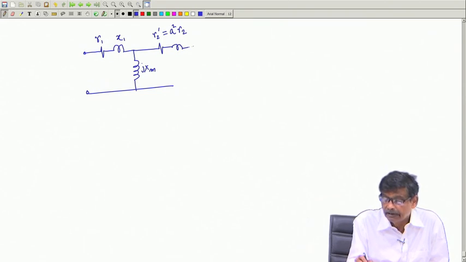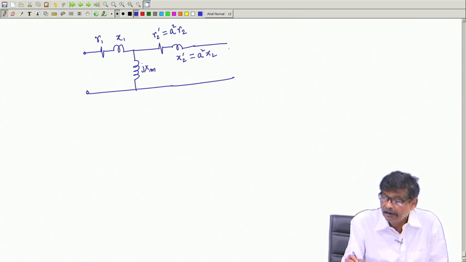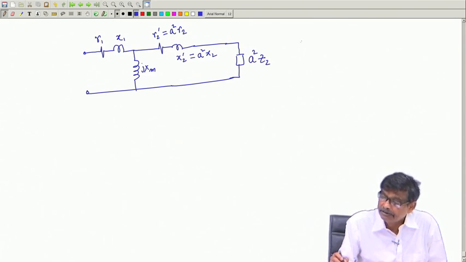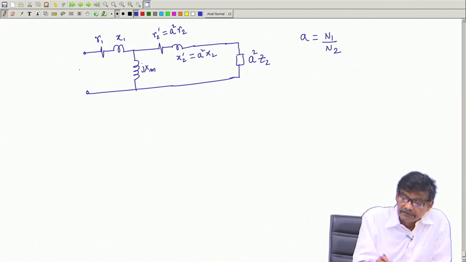Then you have X2 dashed, which will be equal to a square into the actual value of the secondary winding reactance, and whatever load impedance you have connected to the secondary side, a square into Z2. What is a? a is the ratio of number of turns N1 by N2, and this is your V1.